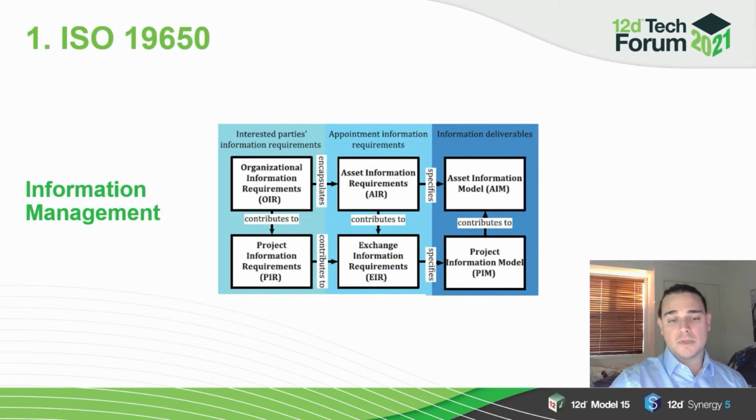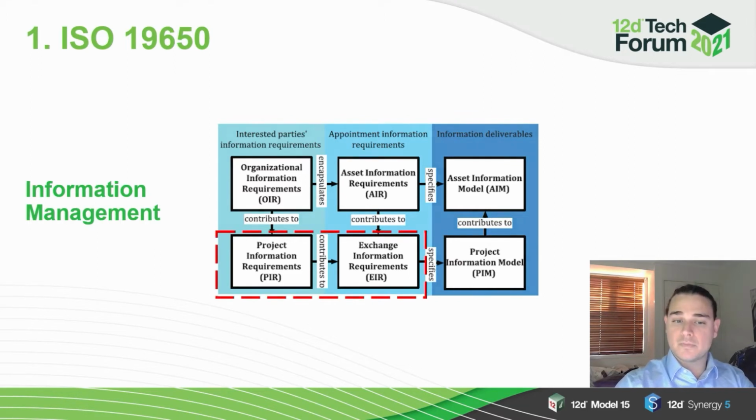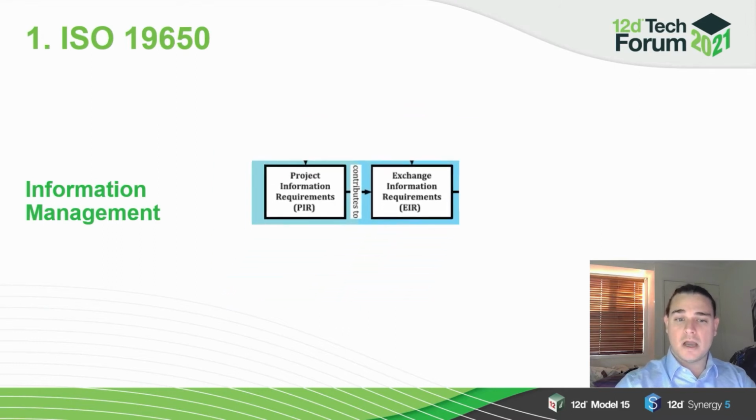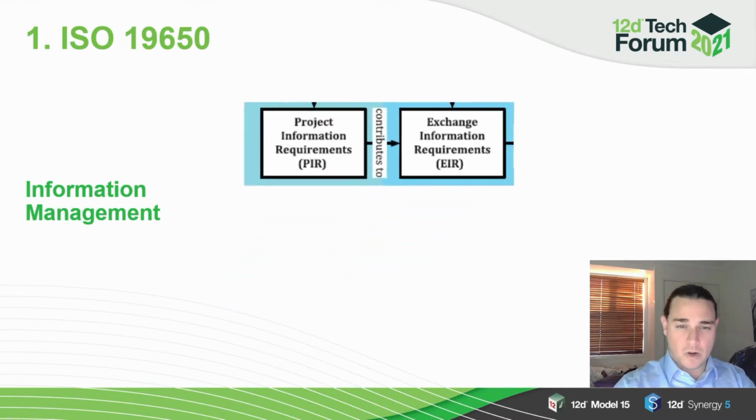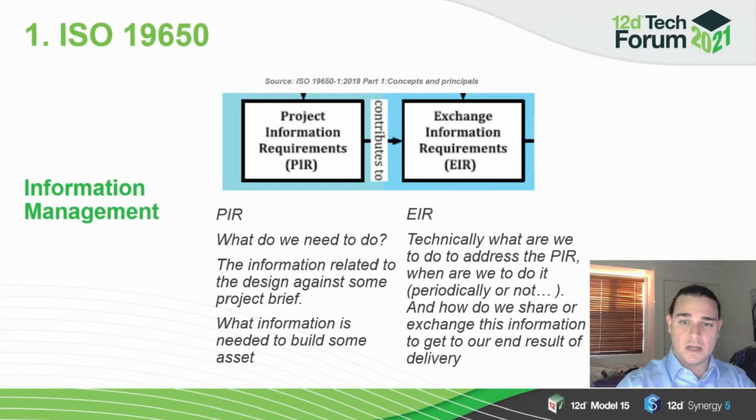Some important considerations, however, as we consider the implementation of ISO 19650, are a series of acronyms or concepts. And today we're going to focus primarily on two, the PIR and the EIR. The PIR relates to project information requirements, and the EIR relates to exchange information requirements.